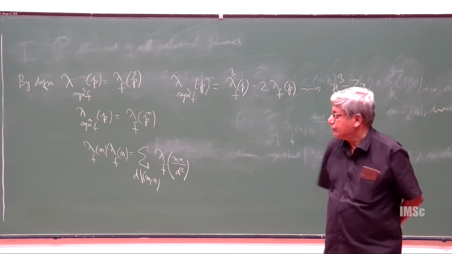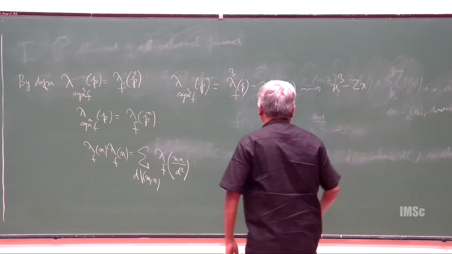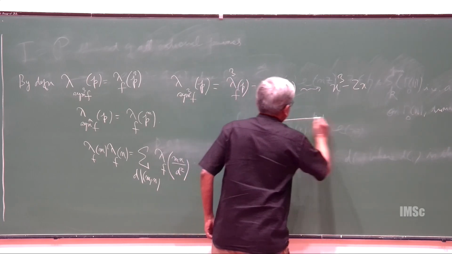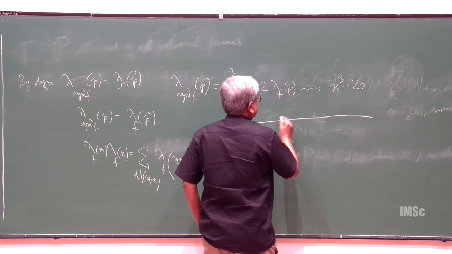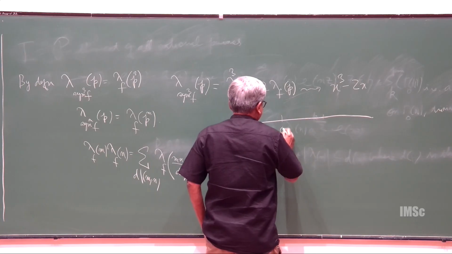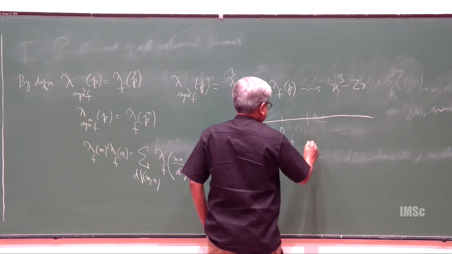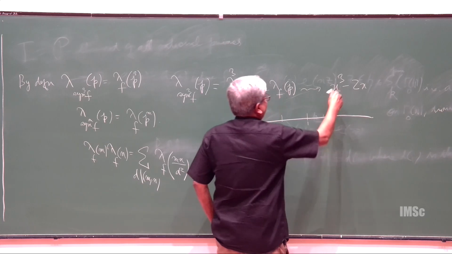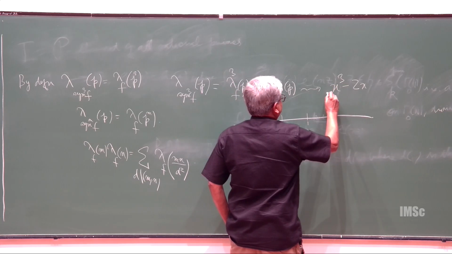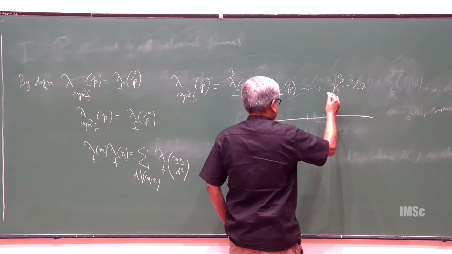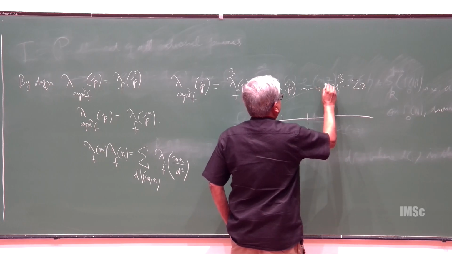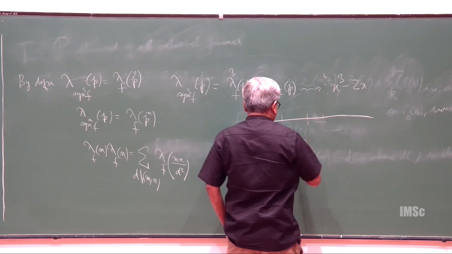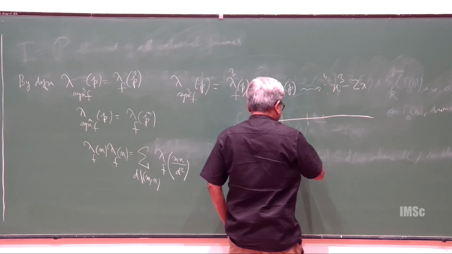Okay, so let's draw the graph, high school. At 0, this is 0, at 1, it is minus 1, and its maximum is at 2, that is 4. So I'll put it here, somewhere here, 4. So the graph is something like this.